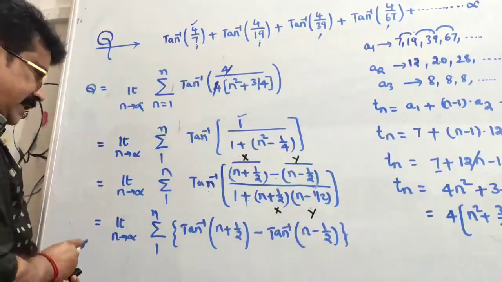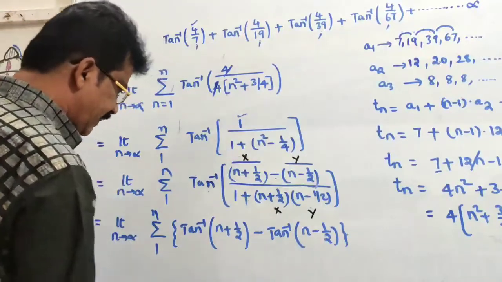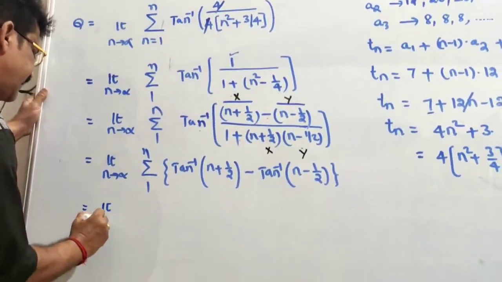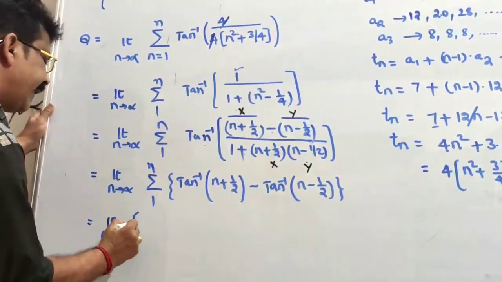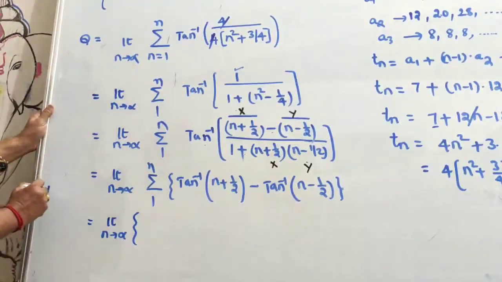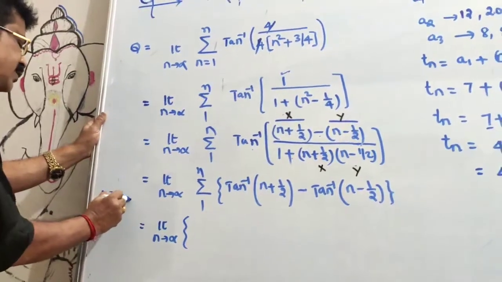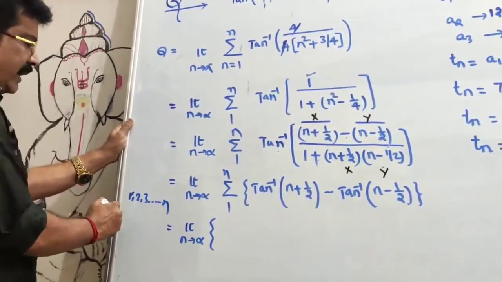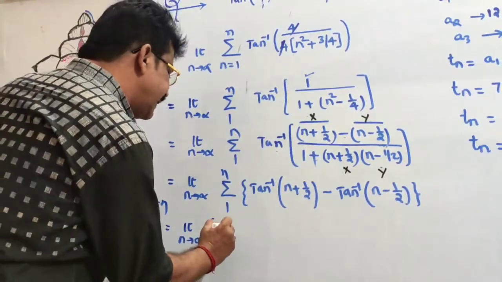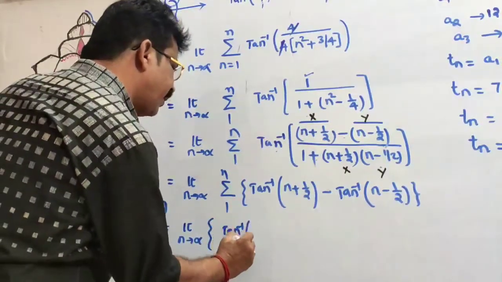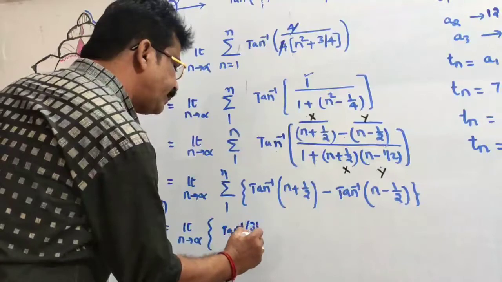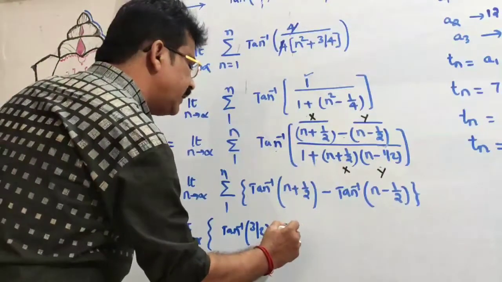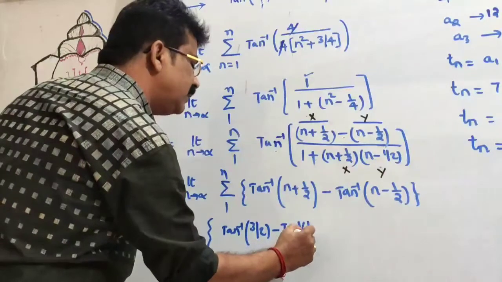Okay. Next, just open the sigma value or open the sigma. It is limit n tends to infinity. So n equal to 1, 2, 3 and so on n. Substitute like that. First put n equal to 1. Then it is tan inverse of 3 by 2 minus tan inverse of 1 by 2.